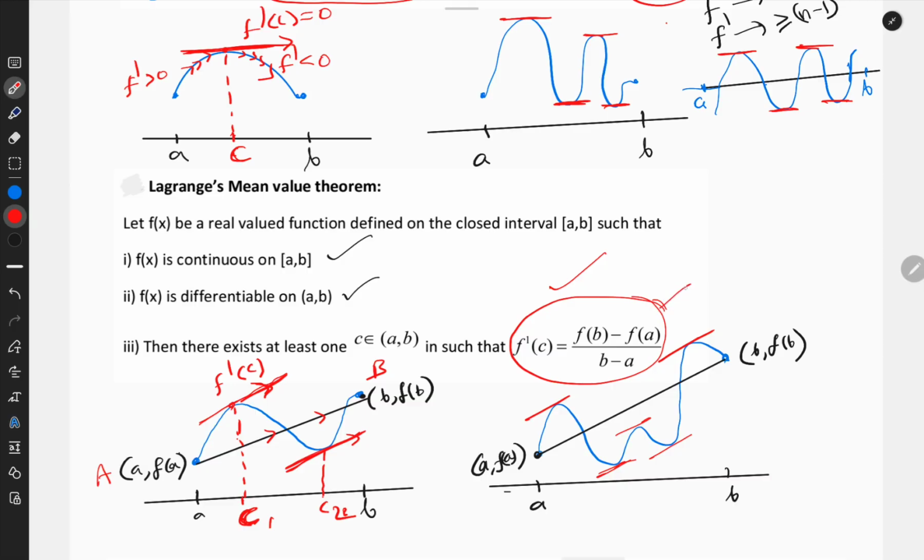And a small extension of this: if you integrate on both the sides, b minus a into the integral, applying the limits from a to b, f dash of c is equal to f of b minus f of a by b minus a.